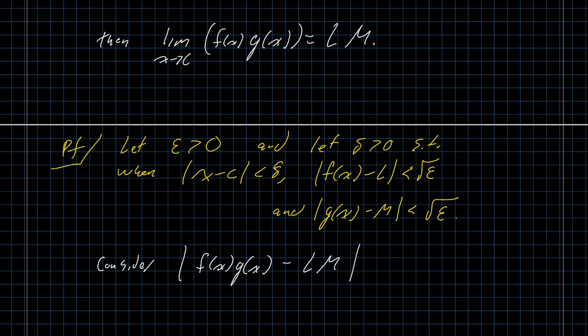All right, so let's consider the absolute value of f of x g of x minus L M. And it's not immediately obvious what we're going to want to do here, but it turns out that I can actually play a pretty nifty little trick.